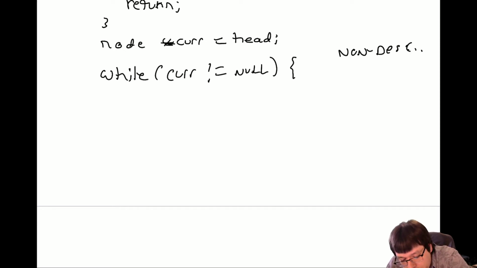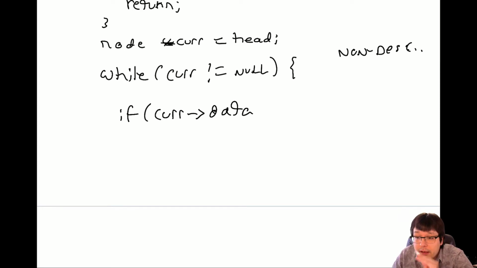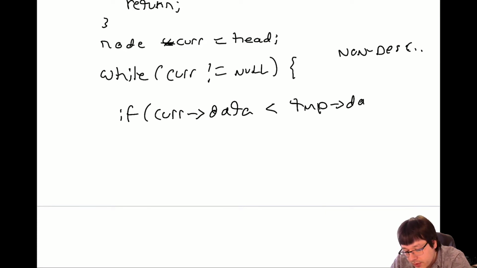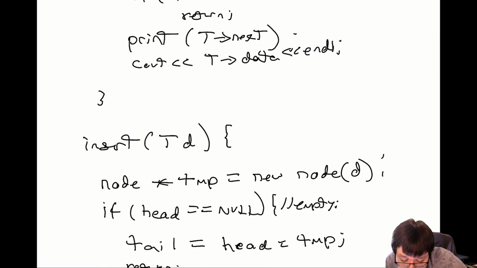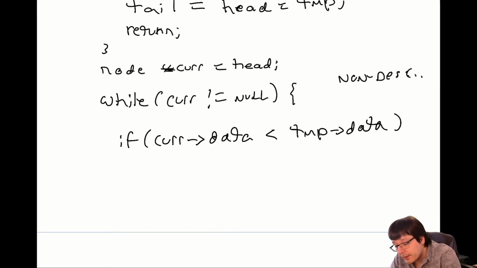Well, we can check with an if statement and say if the current item's data, that value that we're looking at next, is less than temp's data, which is the one we're trying to insert, I believe it's called temp, I forgot already. Yeah, temp data. That is a sign that we have to insert before it, right?